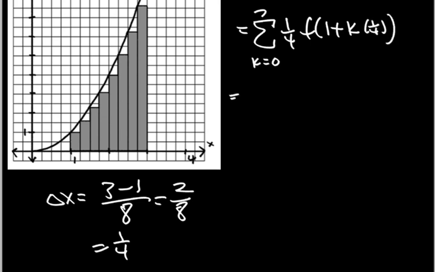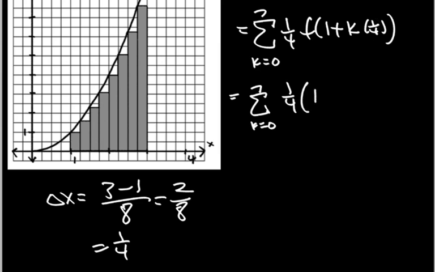So we can go a bit further with this because we know what f of x is, and that'll be more helpful. So let's just do that. 1/4, and then I'm going to look at this as k over 4. That'll just make things a little bit easier to deal with.